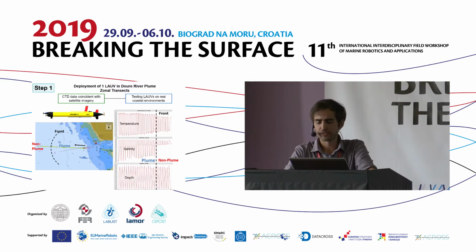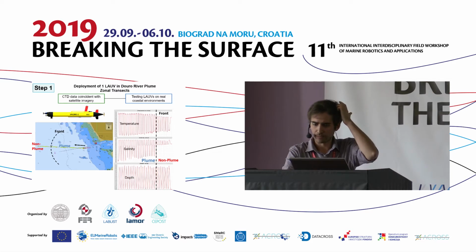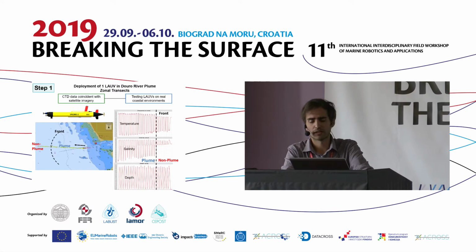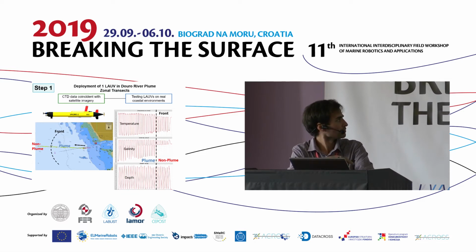So these are the first results when we deployed just one AUV to do a simple zonal transect in the river front towards offshore. The mission was synchronized with a satellite overpass, in this case TerraSAR-X from the German Space Agency. Here the AUV starts doing yo-yo, and we can see the temperature, salinity, and depth plots.